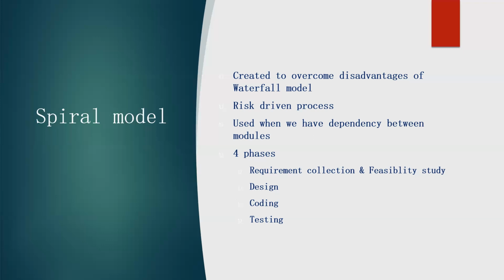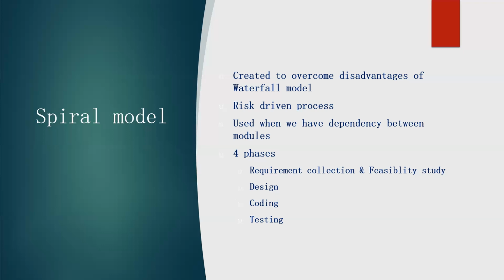This is also a risk, and we should always have a backup plan on how to take care of it. If I'm using hardware and suddenly I have a hardware failure, this is also a risk, and the process should always be ready to handle these risks. So the spiral model is one of the best examples of a risk driven process.